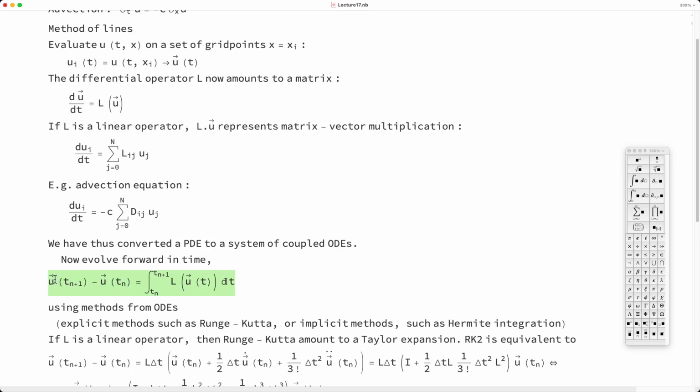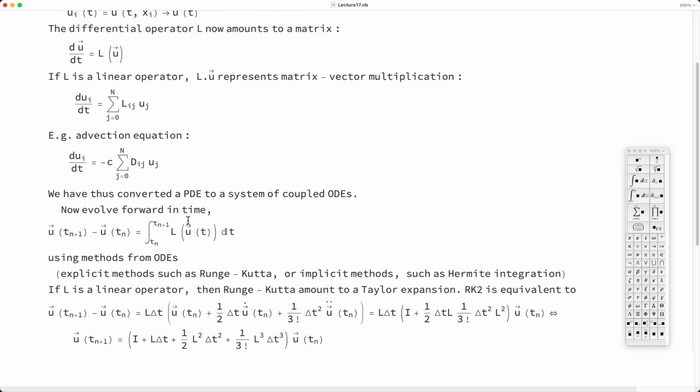This formula is exact as far as time integration is concerned, and then we just have to approximate this time integral. We can use Runge-Kutta methods or Hermite type methods to calculate this integral and evolve in time. Any method that you can use for a system of ordinary differential equations can be applied here.